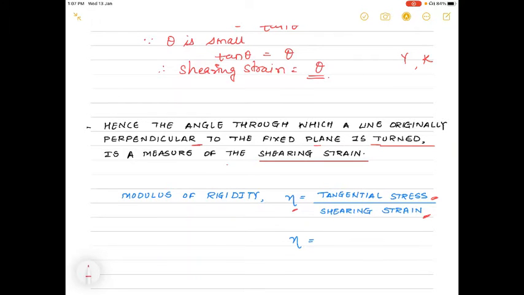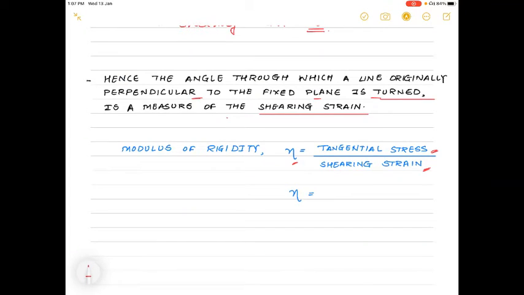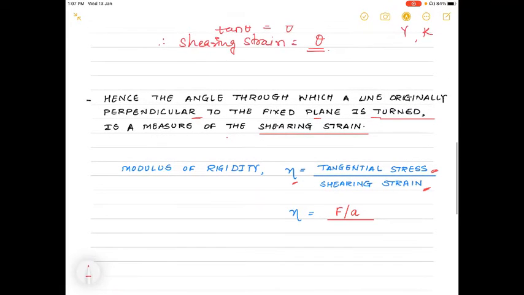Now as per the formula, we know that stress is force per unit area. So tangential stress will be equal to F upon A, where A is the area of the surface A, B, E, F, which is displaced, divided by the shearing strain, which we have defined as theta.